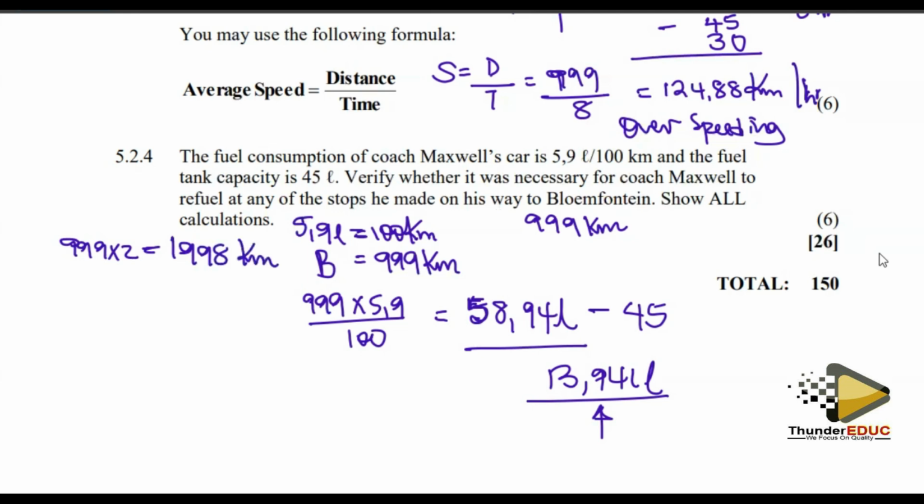In these kilometers, we need to know how much fuel we need. We divide by 100 and multiply by 5.9.